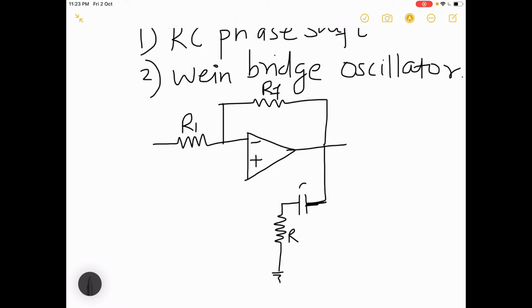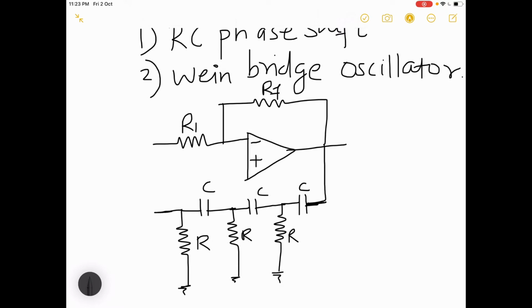So, R, C, then again the next C, then R, then again the third capacitor and the third resistor. So, three RC combinations are there, and this feedback circuit output is given to the input of the amplifier circuit. Okay. So, this is your output.